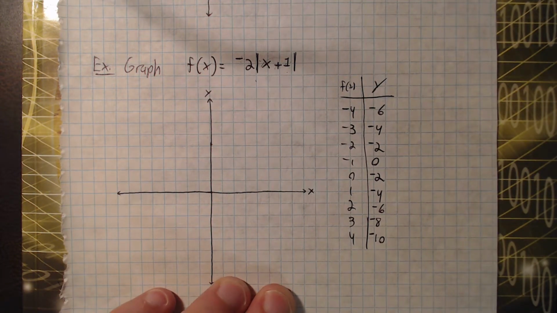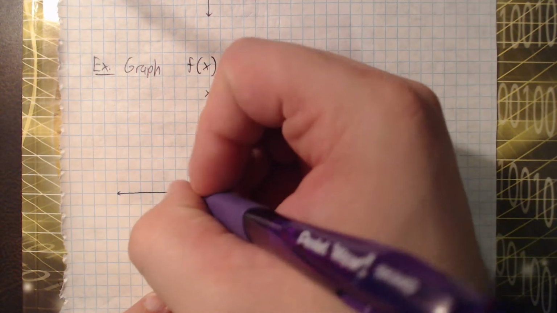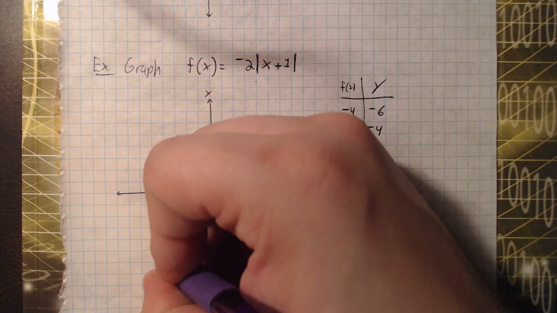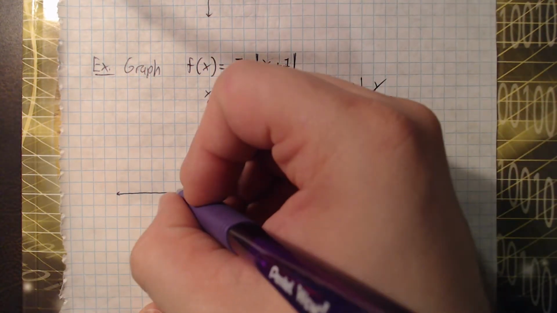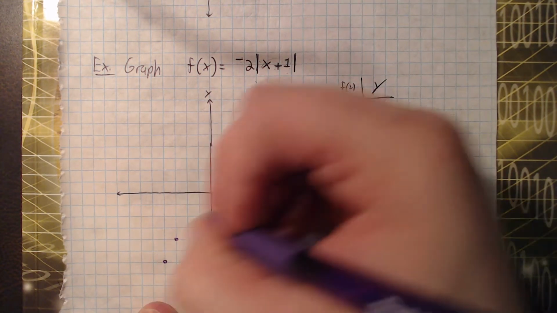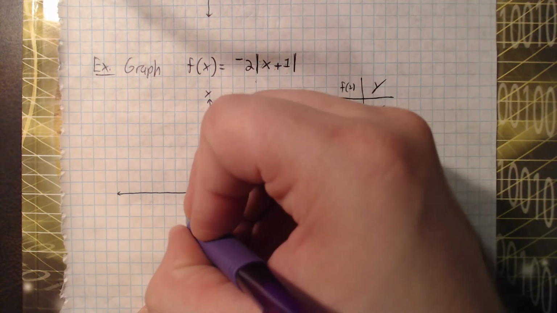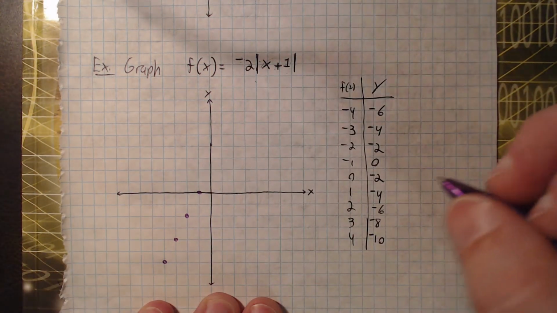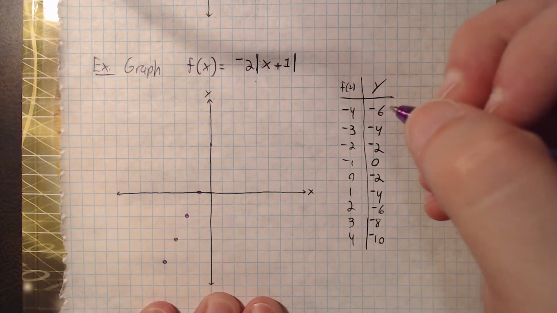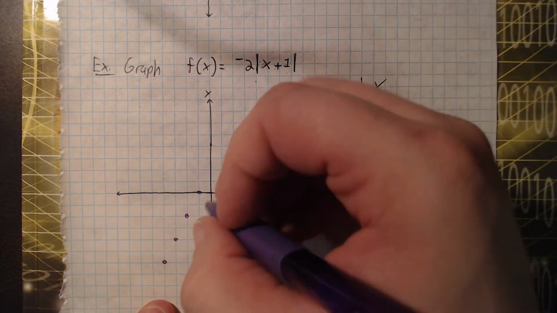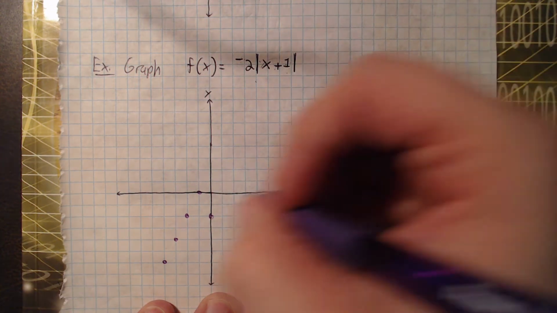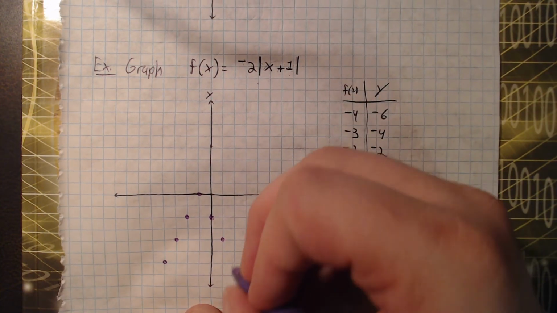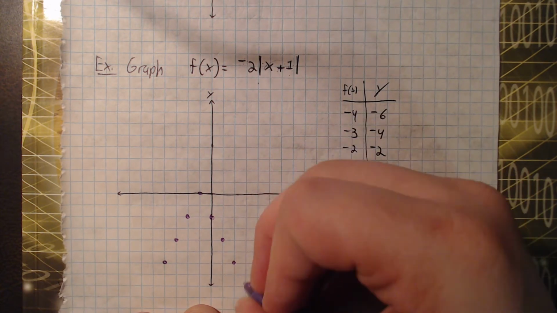Okay, so these values seem to be working out real nice. And if we graph it, -4, -6, -3, -4, -2, -2, -1, 0, 0, -2, 1, -4, 3, -2, -6, 3, -8.